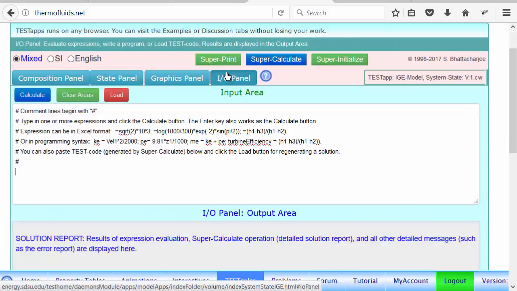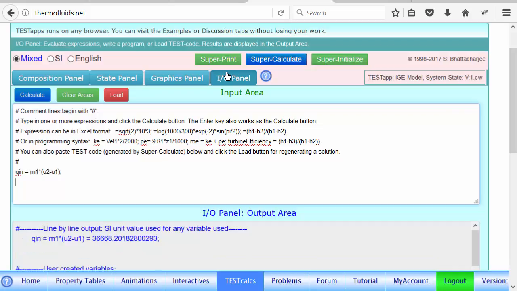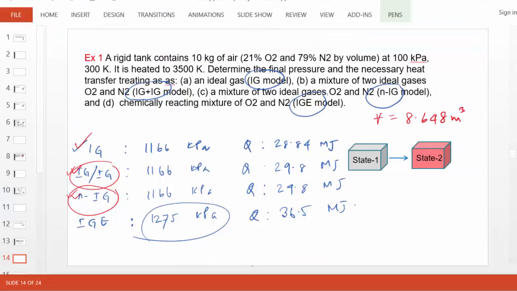If you go to the I/O panel, we can calculate Q in as M1 times U2 minus U1. The heat transfer is about 36.6, way higher than before. 36.5 I wrote down.